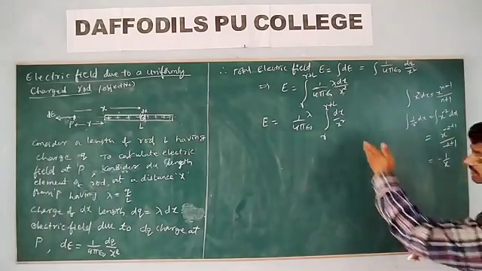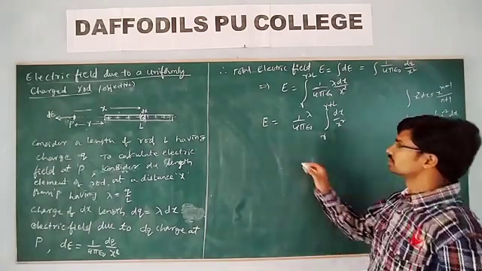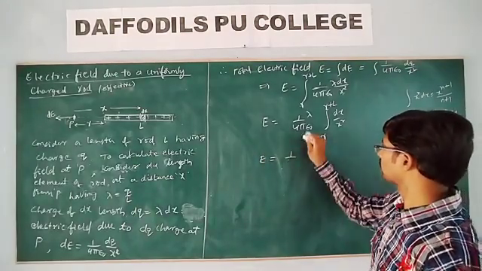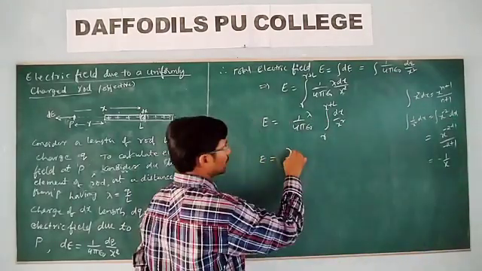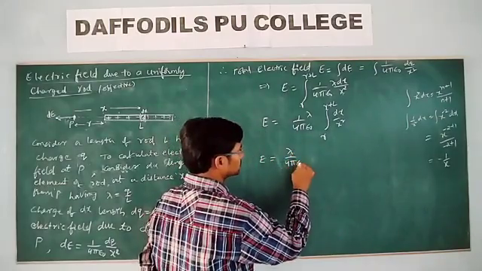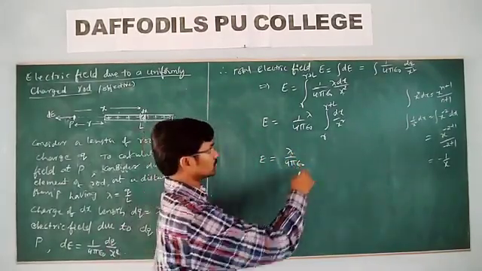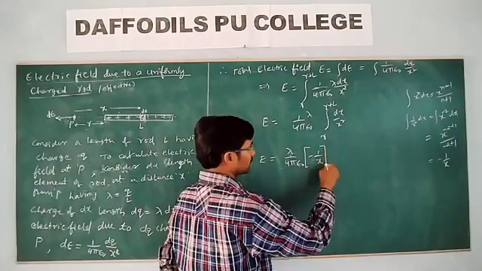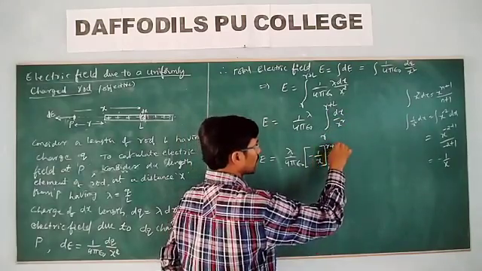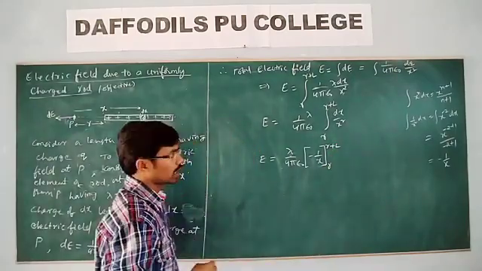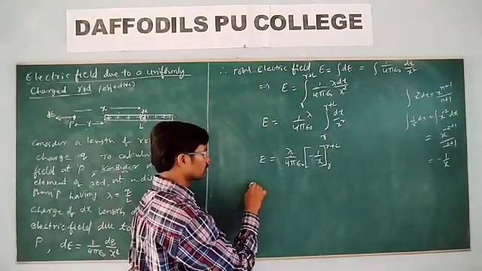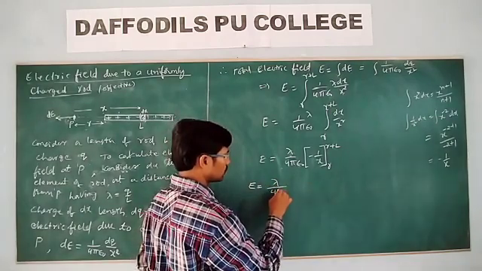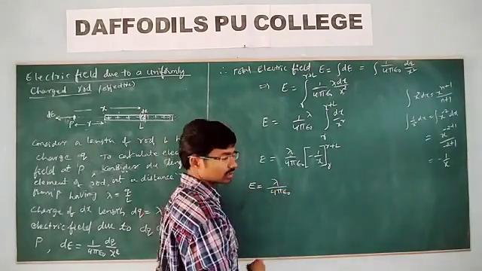That is what we get here, minus 1. Let me substitute that same value here. Therefore, E is equal to lambda by 4 pi epsilon naught into minus 1 by x. Limits are from R to R plus L. Therefore, E is equal to lambda by 4 pi epsilon naught.